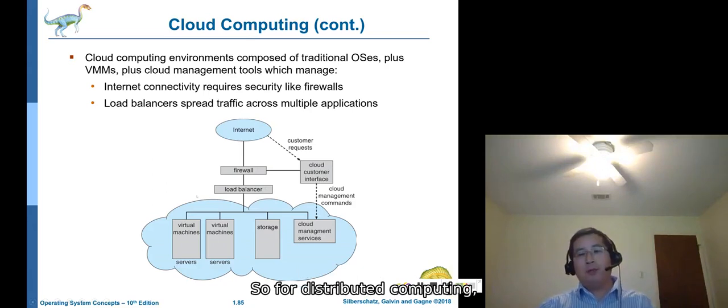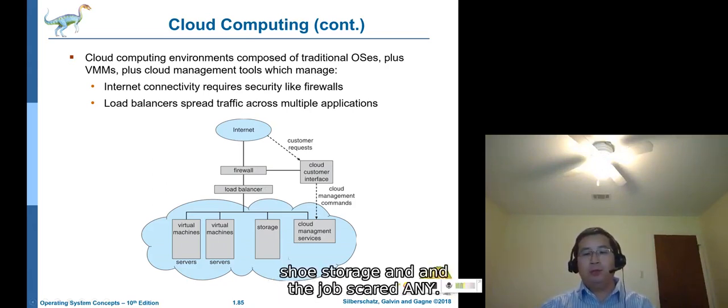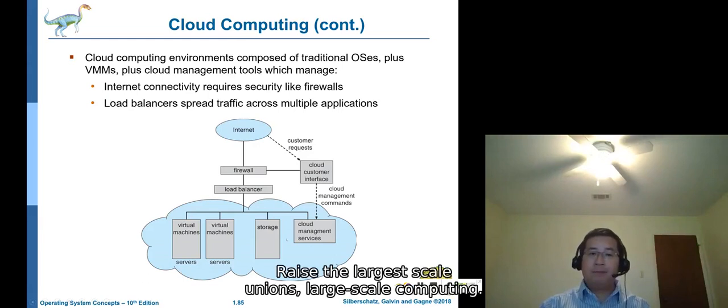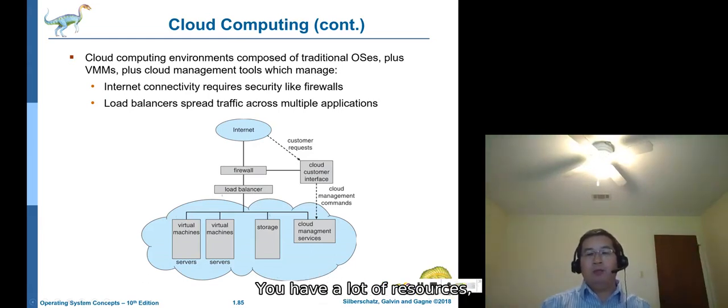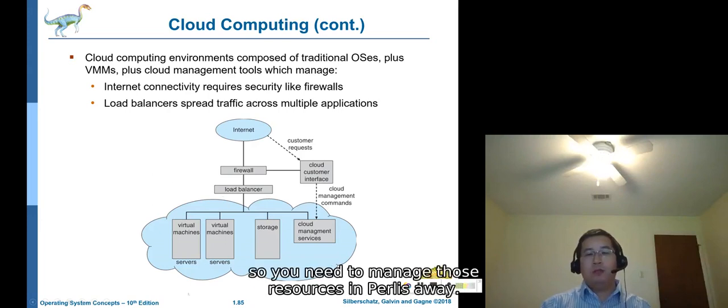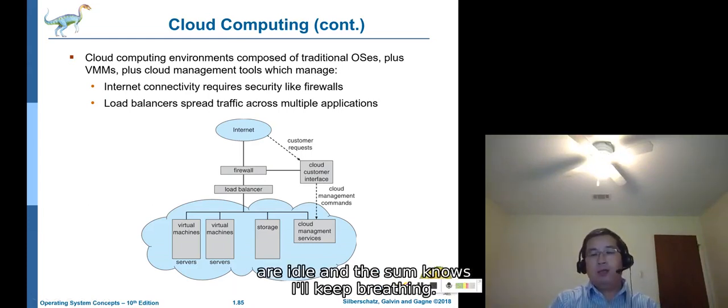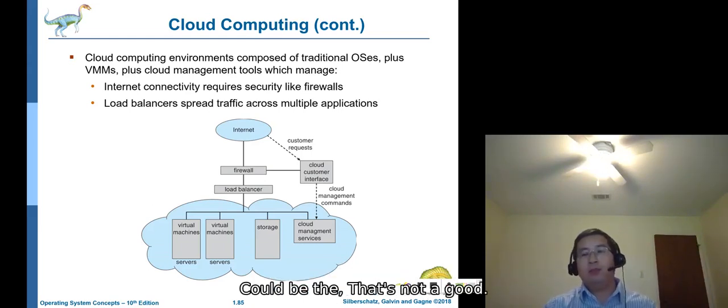For distributed computing, this will be an issue along with storage and job scheduling. Because it's large-scale computing, you have a lot of resources, so you need to manage those resources in a balanced way. You don't want a case where some nodes are idle and some nodes keep busy. That's not good.